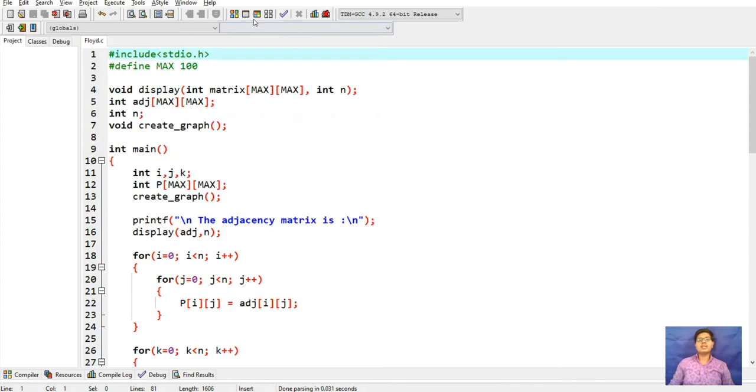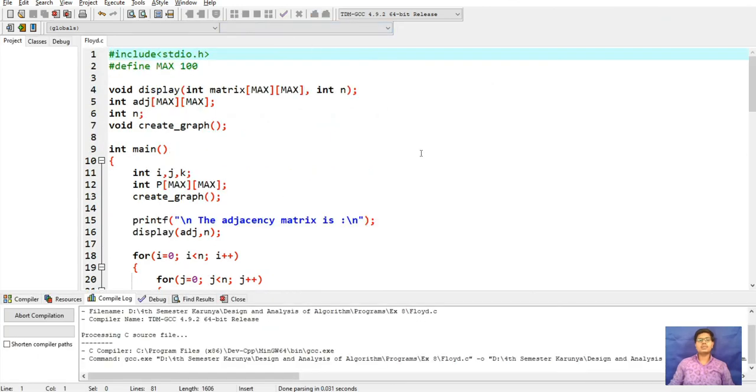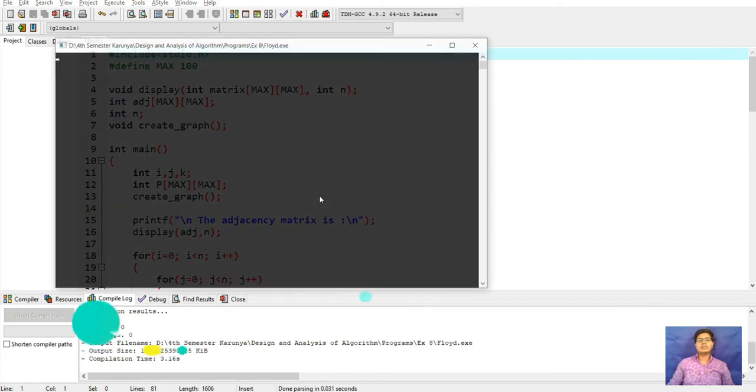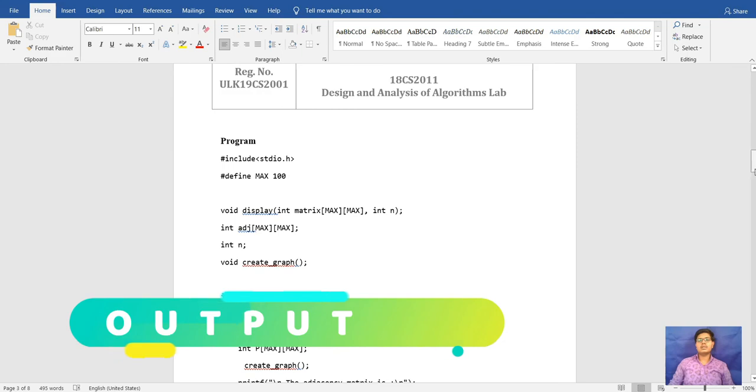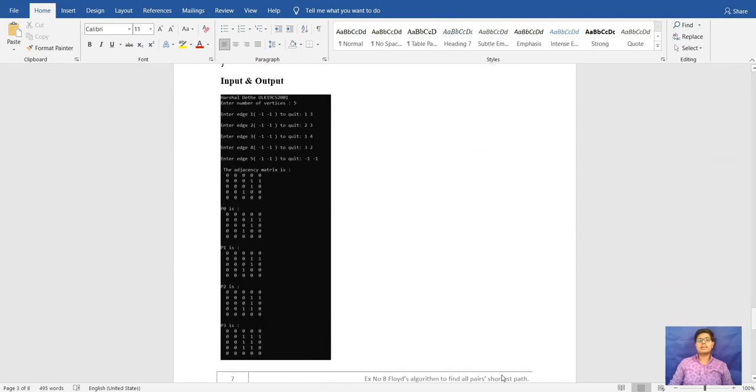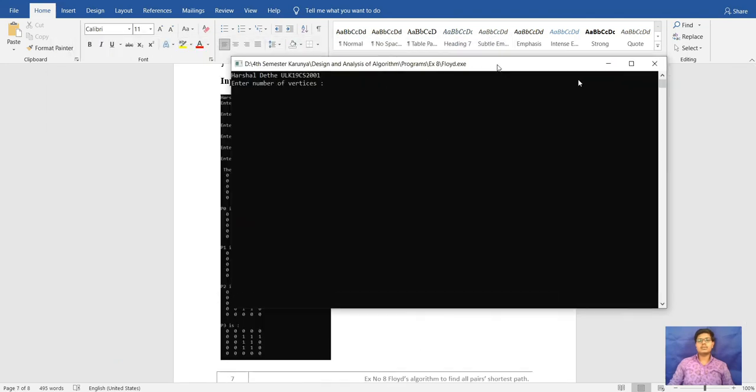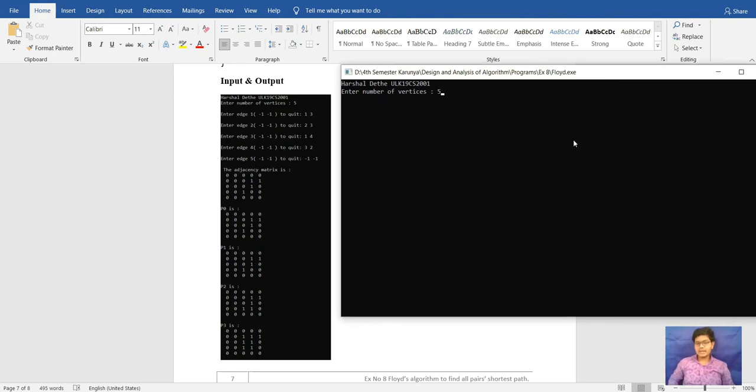So here I will show you the output. Let's see here as an example. So I enter here 5, then 1 3, 2 3, 1 4, 3 2, and for this fifth stage we have to put minus 1.